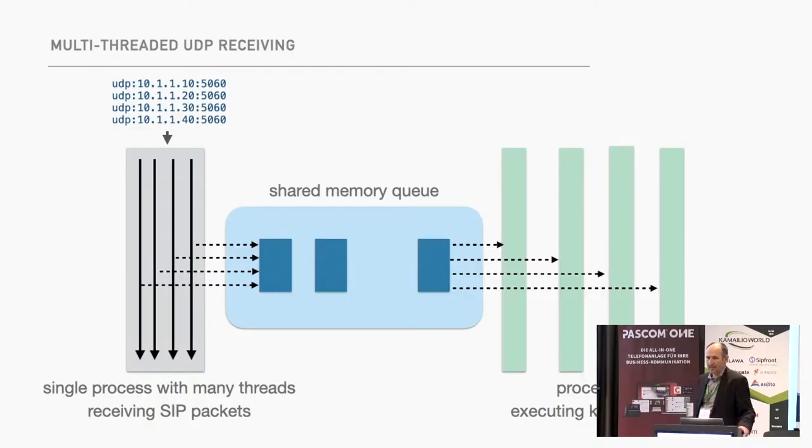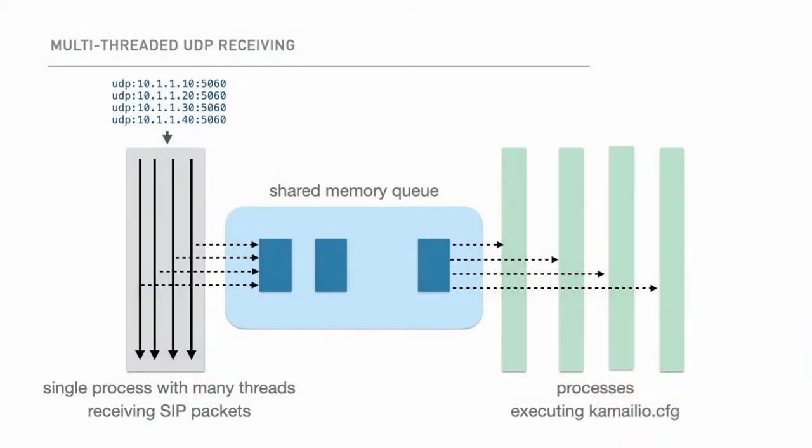So then last year, I already had it from last year, came multi-threading UDP receiving. What changed is that there is a single process in this mode, because both modes are still available, and it creates threads for each socket that you create.